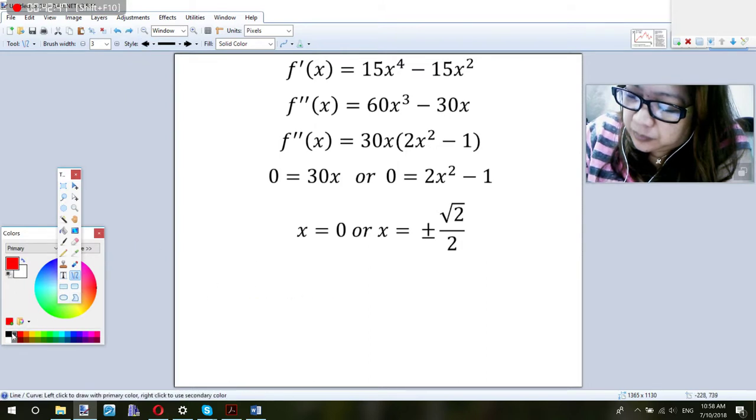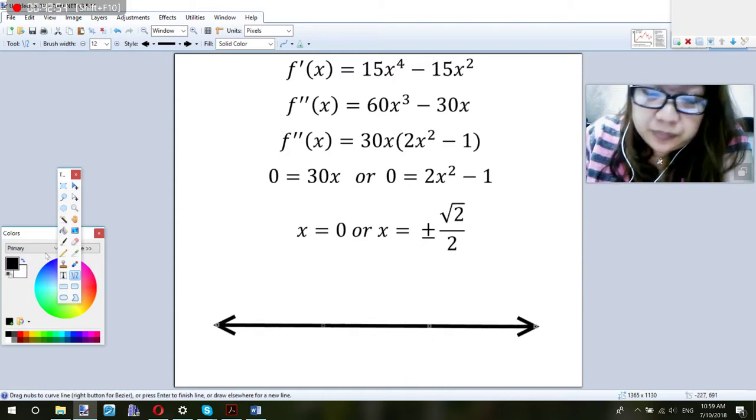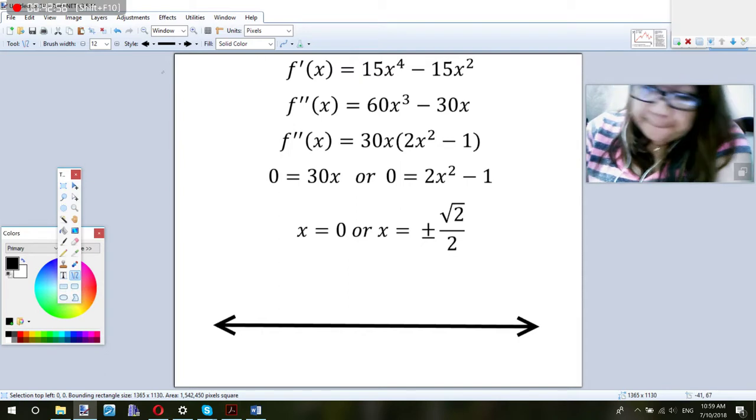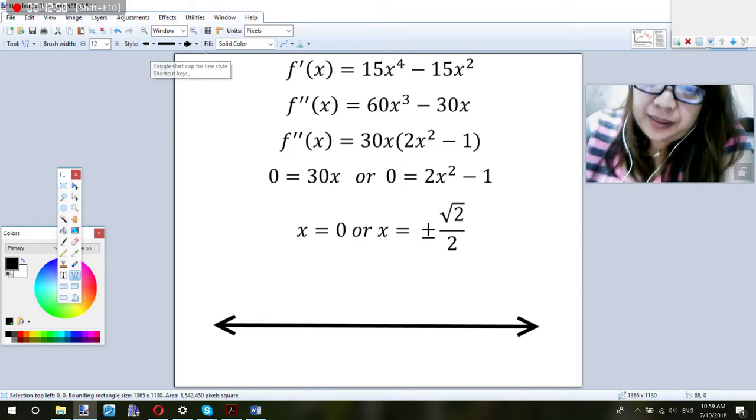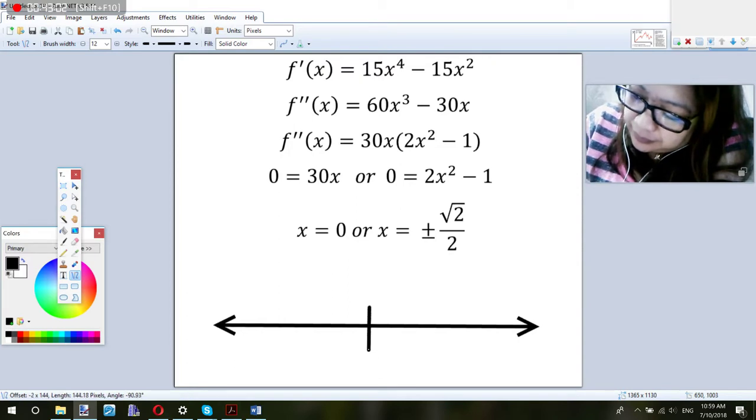So once again, we've got 3 points to test: at x equals 0, and x equals negative root 2 over 2 and positive root 2 over 2.